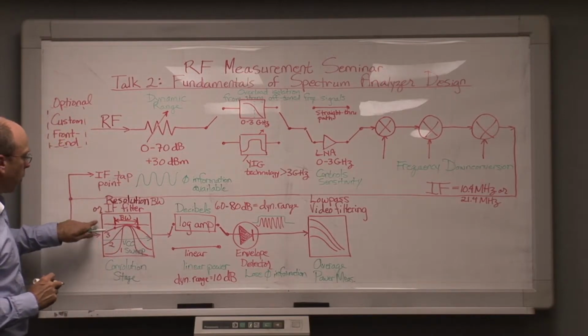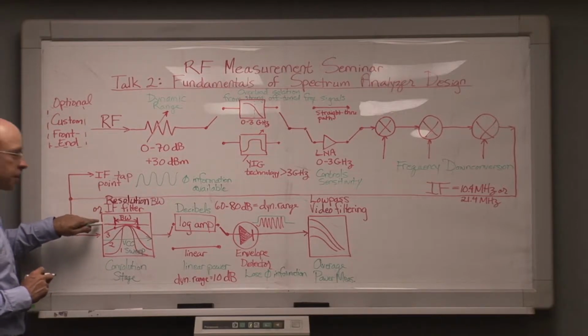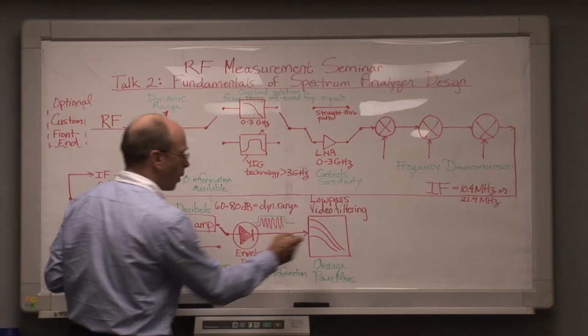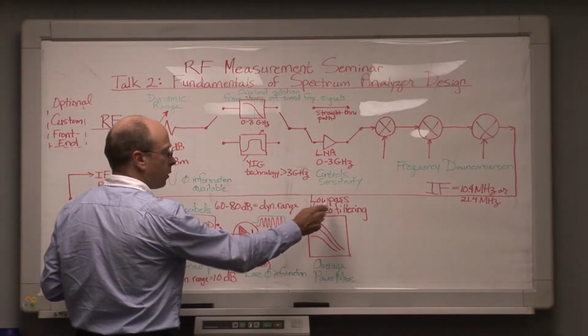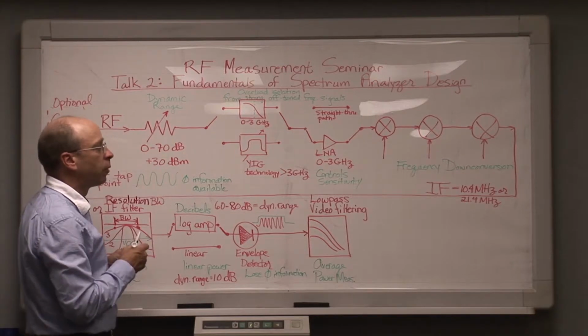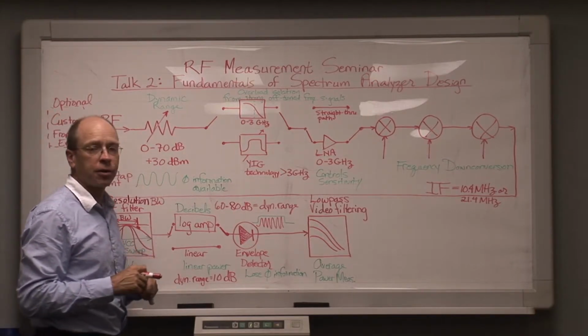For example, we might use a 1 megahertz resolution bandwidth. That's the same as saying a 1 megahertz IF bandwidth. And that could be paired with a 1 kilohertz video low-pass filter bandwidth in order to get the average power in the waveform without having to resort to a root mean square detector.